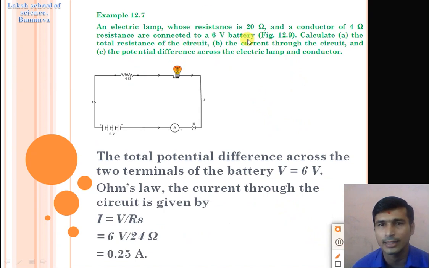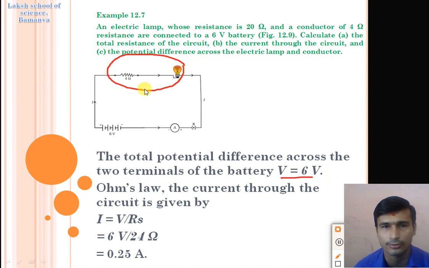Now the second question is the current through the resistor. How can we calculate the current passing through the circuit? The potential difference across the two terminals of the battery V is given to you, 6 volt, and previously we calculated the total resistance Rs is equal to 24 ohm, right?